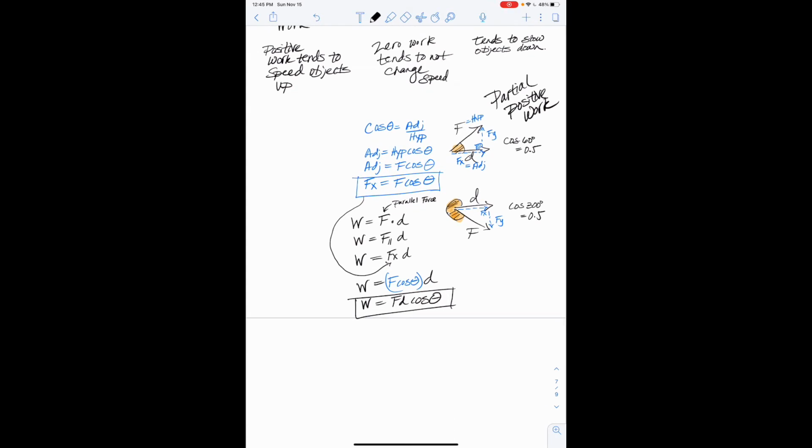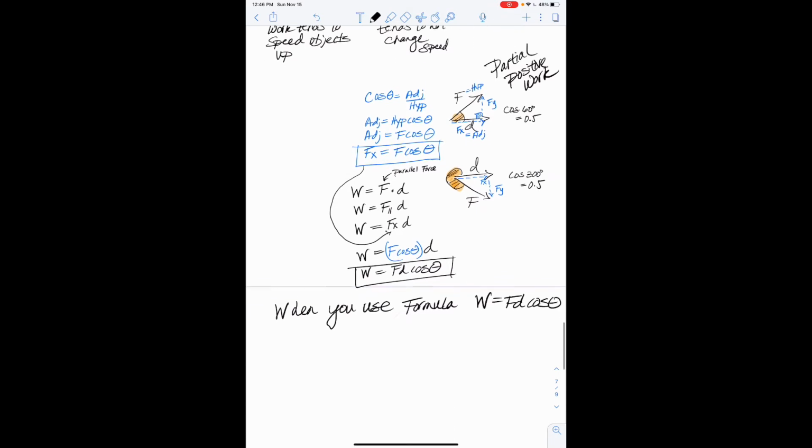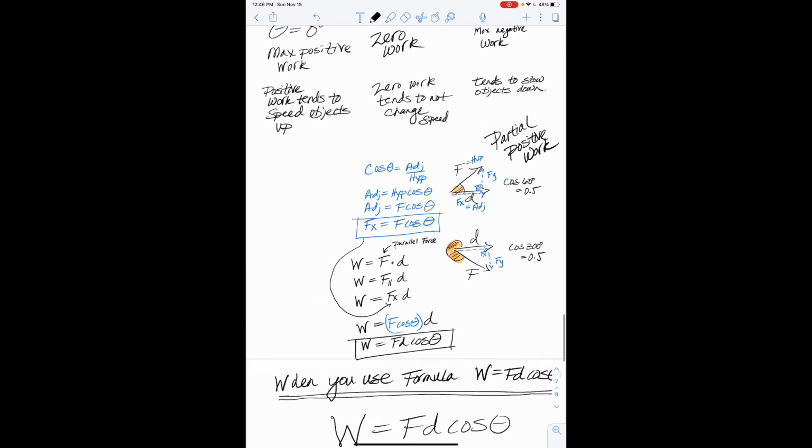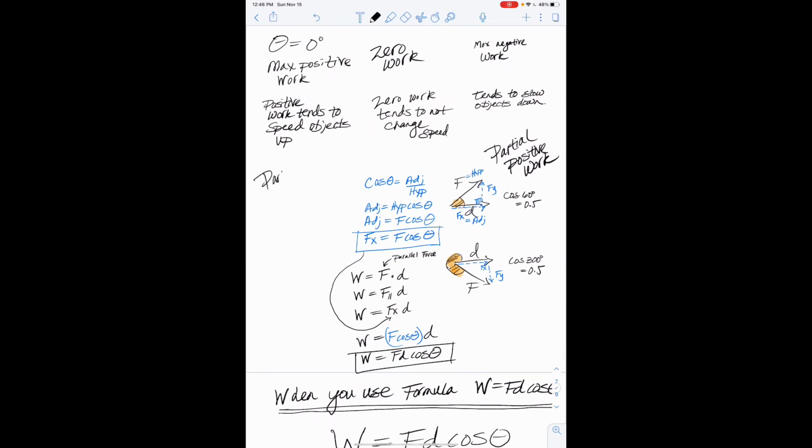When you use the formula, you have to use it correctly. What do I mean by that? Well, let's look at this. And I know I forgot up here to talk about partial negative work, but there is such a thing.